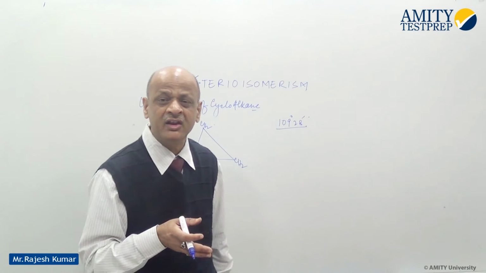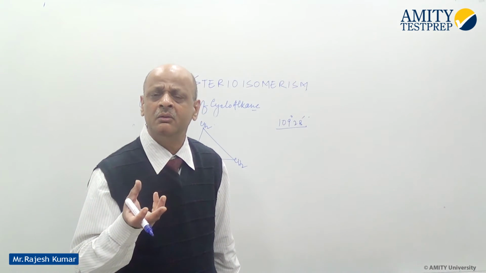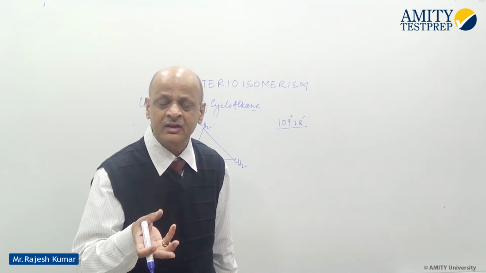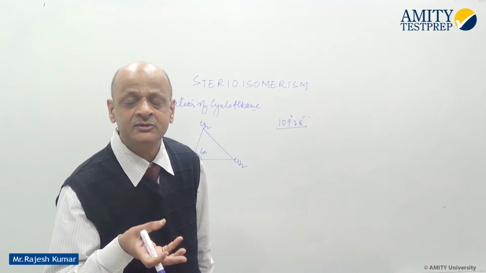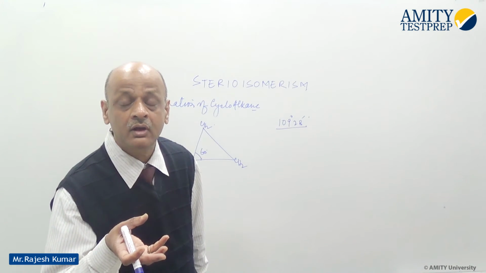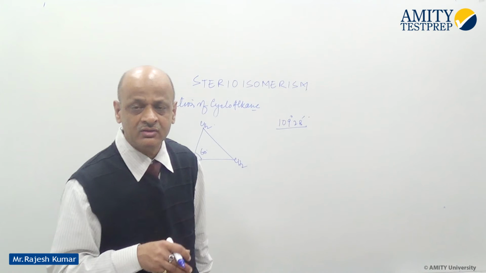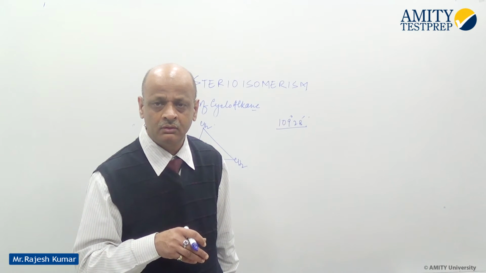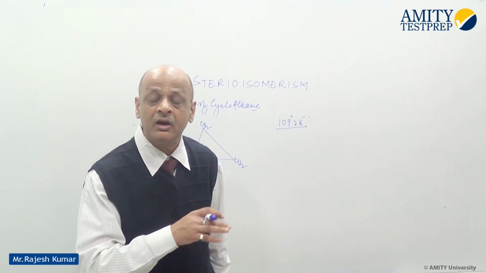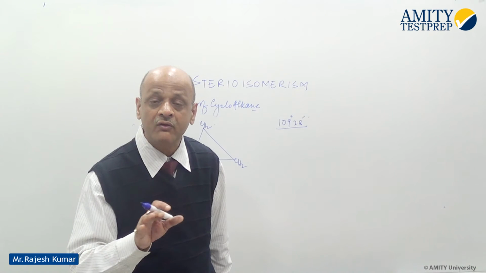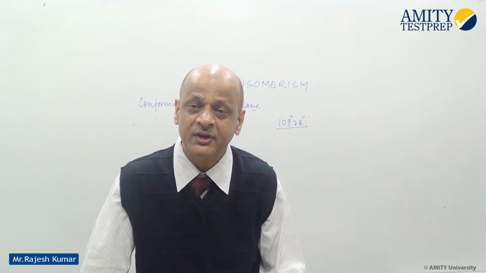But as the size of the ring increases, the bond angle increases, so it tries to achieve the bond angle that should be available in an sp3 hybridized carbon, that is 109 degrees. So its stability increases, but it is not very effective beyond 5 or 6 member rings, because the bond angle then deviates from the expected one.